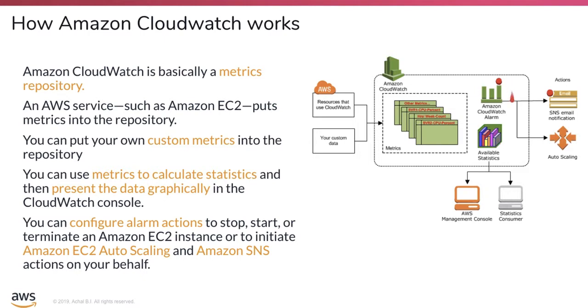We also have alarms, which keep monitoring the metrics, and based on the metric data point and alarm configuration, we can do a certain set of actions. Those actions can be an SNS email notification, or SMS notification, or based on the metric, for example if it's CPU utilization, you can use an auto scaling group to either scale in or scale out based on the need.